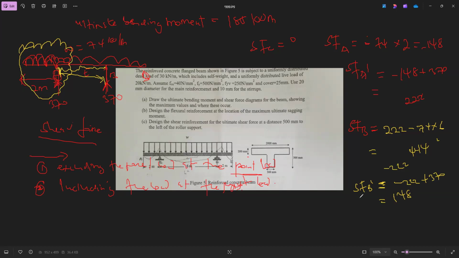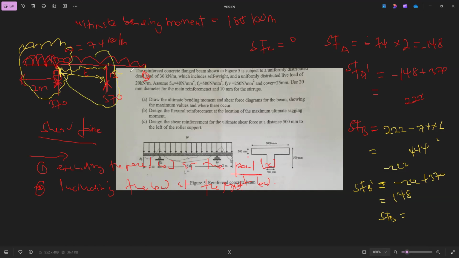Then lastly, shear force at what? At D. It's 0, but let's prove it. Why is it 0? So we've calculated all these ones.